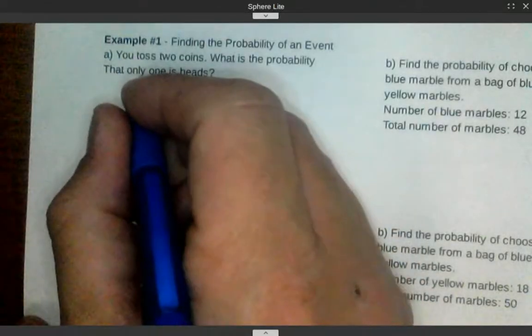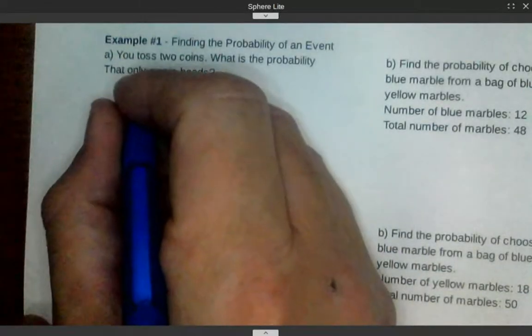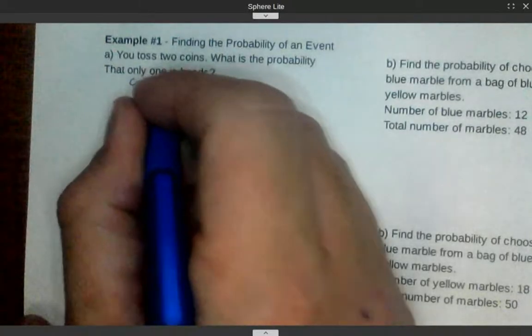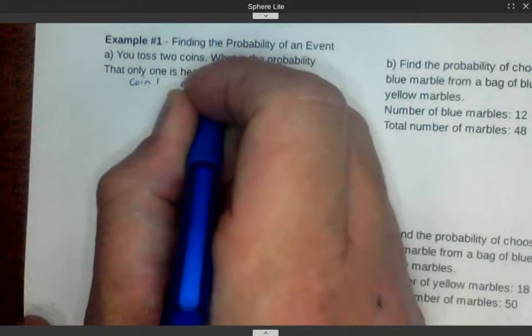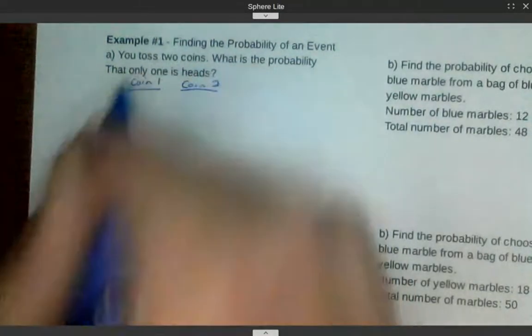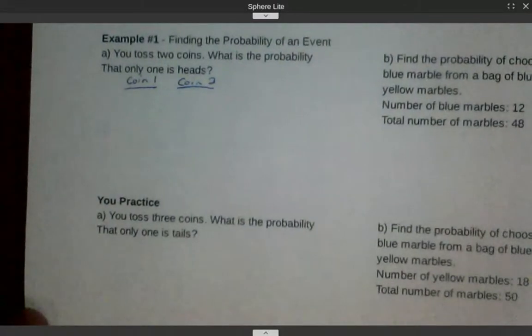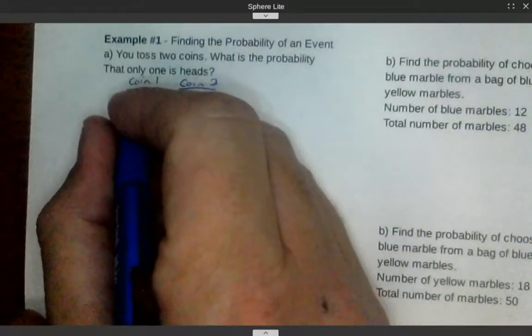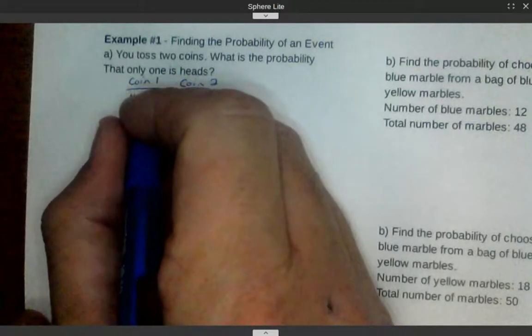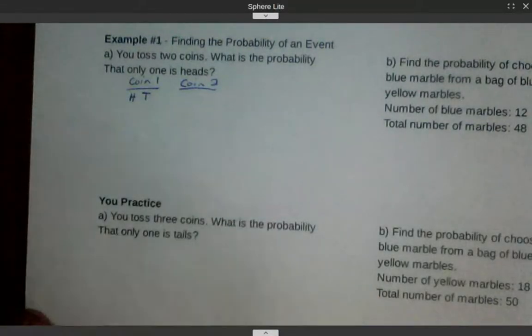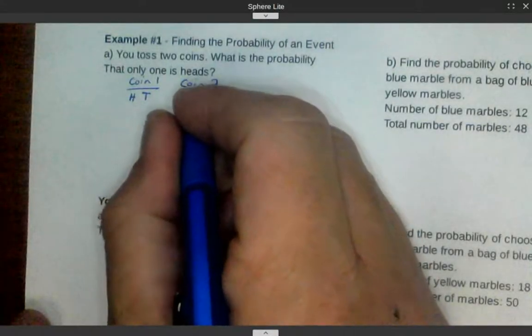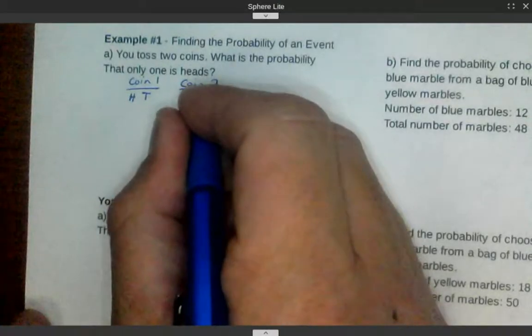If I toss two coins, I could say coin one, and I could say coin two. With coin one, it has two options that it could be. It could be either heads or it could be tails. For coin two, this could be heads and this could be tails.